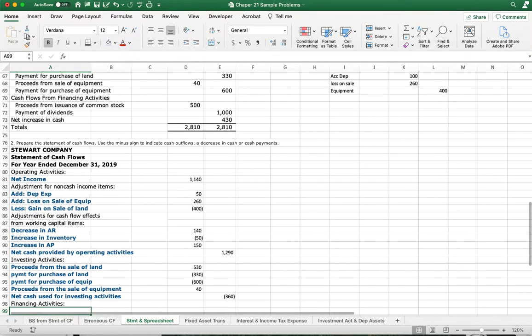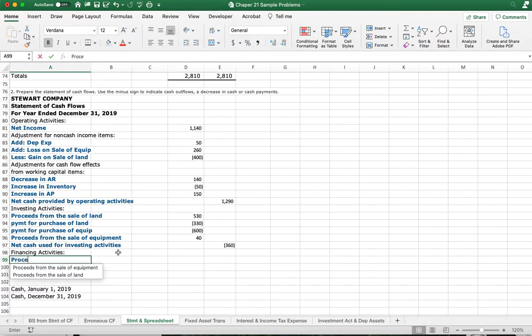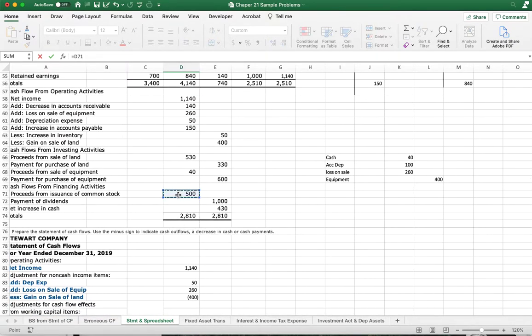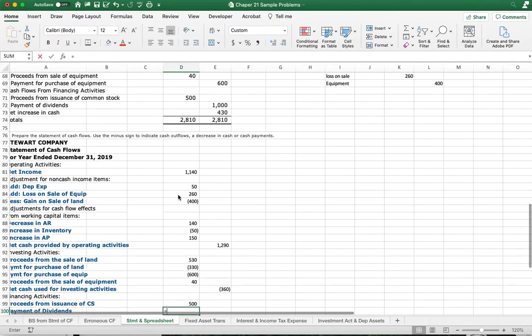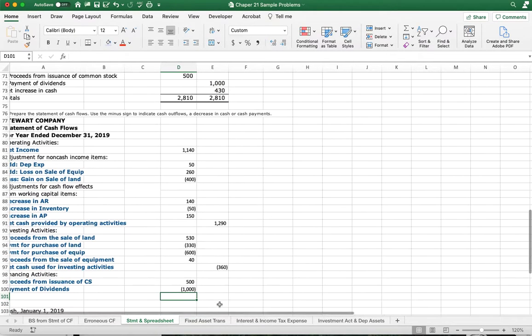And then finally we come down to the financing activities, where we'll list the proceeds from the issuance of stock, common stock, and the payment of dividends. So we have our 500 from the common stock, the 1,000 from the dividends.